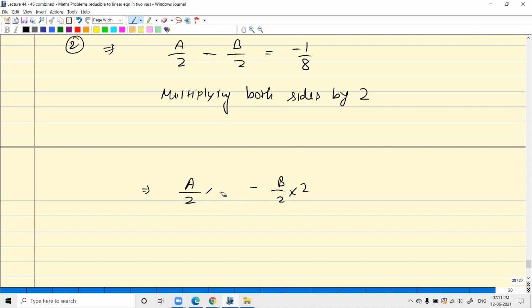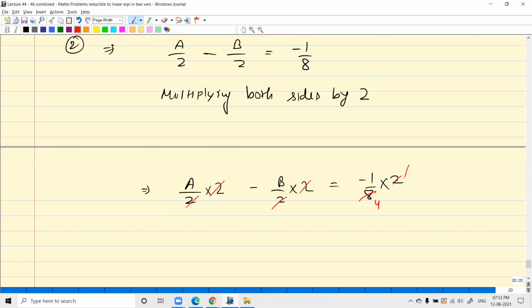You see, when we are multiplying 2 in the LHS, understand that a by 2 minus b by 2, this whole thing will be multiplied by 2, okay? So this 2 we have to multiply with the first term also, and then with the second term also, okay? That's why I'm multiplying 2 here also and 2 here also into the LHS. And then RHS also we have to multiply by 2 because we have to multiply on both sides. So this 2 and 2 gets cancelled, this 2 and 2 gets cancelled, 2 ones are and 2 fours are.